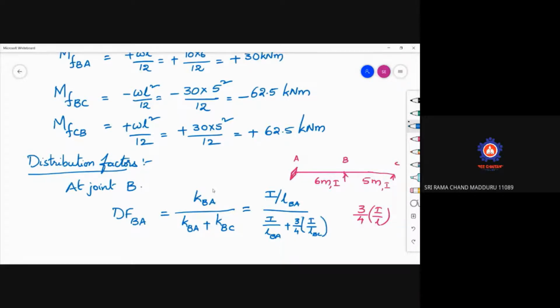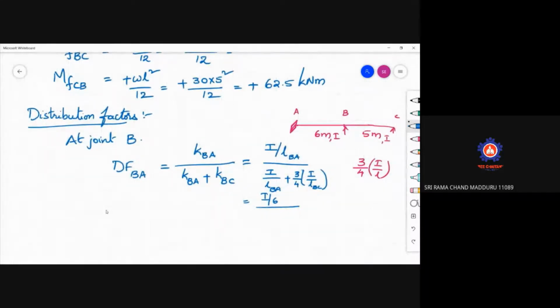When the far end is hinged, the relative stiffness of the member reduces to 75% of the value. So this is I by 6 plus 3/4 of I by 5. The value is 10 by 19.